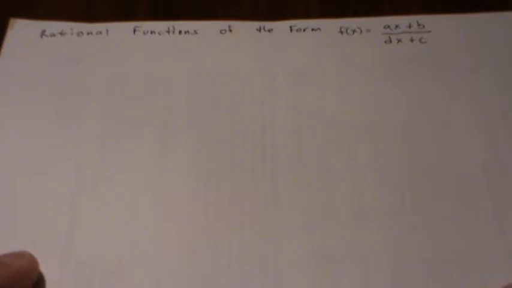Okay, so today we're going to talk about rational functions of the form ax plus b over dx plus c. I already spoke about the theory behind what makes an asymptote and what makes a y-intercept and zeros and things like that.